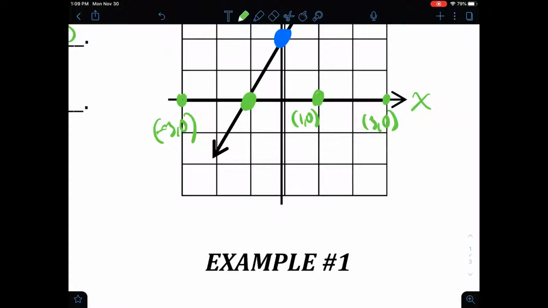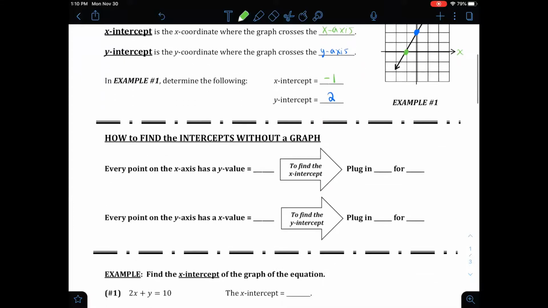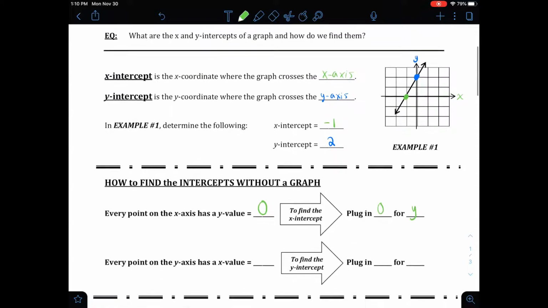That's really sloppy, but you get the idea. So what is the y value whenever you cross the x-axis? It's always 0, right? So that's kind of a shortcut to using algebra to figure out what the x-intercept is going to be. So to find the x-intercept, you're going to plug in 0 for y, and then you can solve.